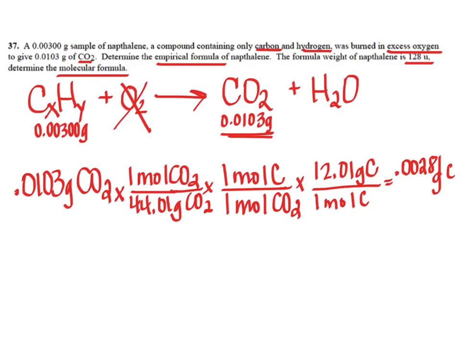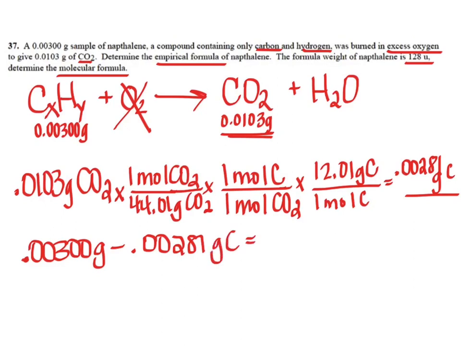But my hydrocarbon weighs 0.00300 grams. So if I know how much carbon I have, how am I going to find out how much hydrogen I have? I'm going to subtract. So 0.00300 grams minus my carbon, 0.00281.